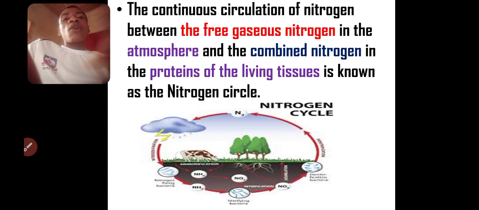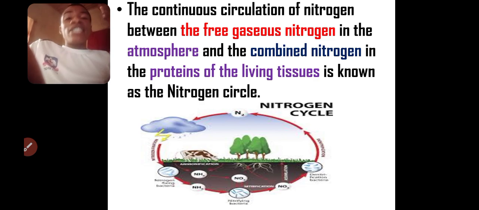There is a continuous movement, circulation between nitrogen that is present in the air and those in the earth crust. So this topic seeks to evaluate and discuss this cycle between the two nitrogen.